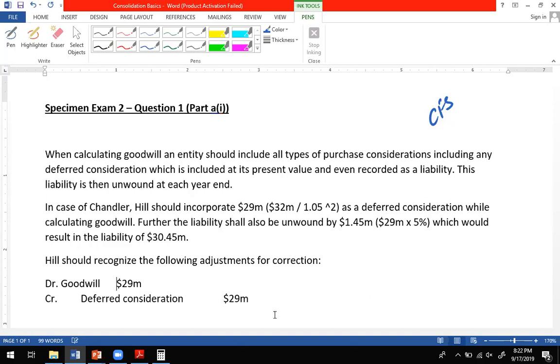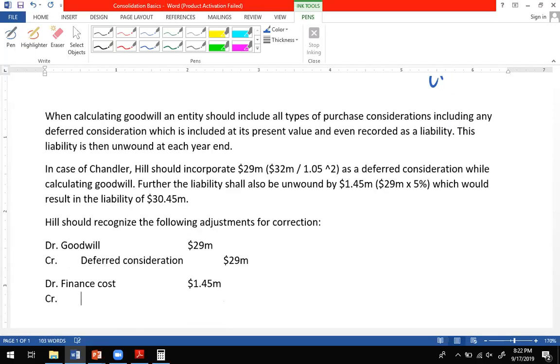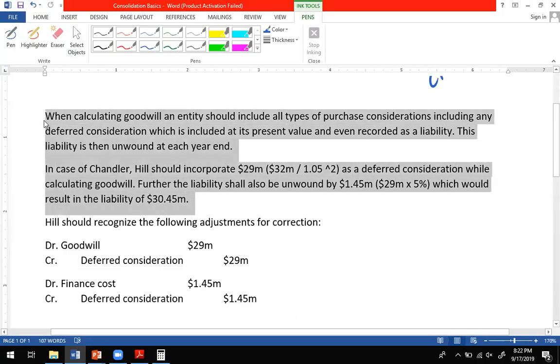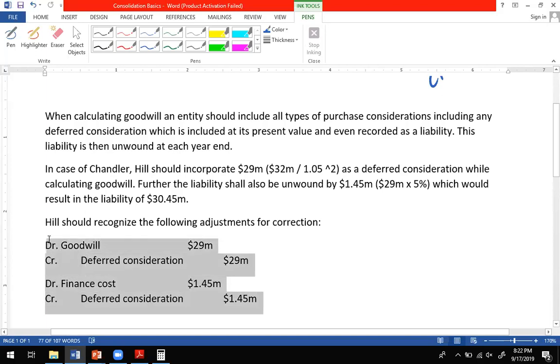So this is the adjusting entry for goodwill, and plus we are going to say finance cost debit by $1.45 million and the same deferred consideration credit by $1.45 million. So this is how we have discussed what was the correct treatment as well as the adjusting entries required to correct that.